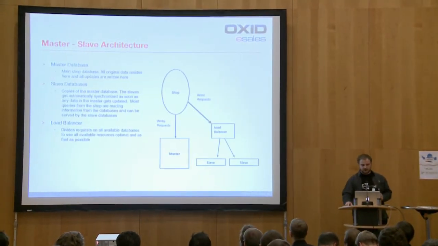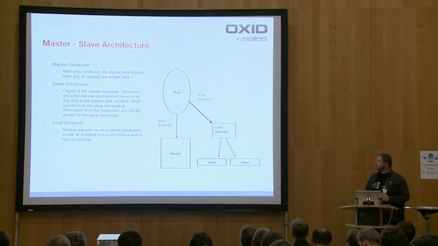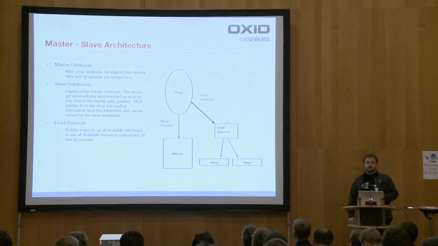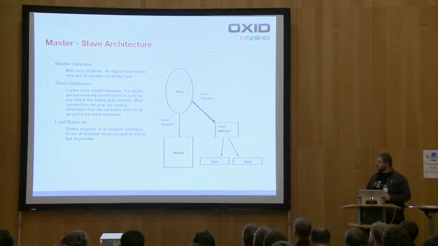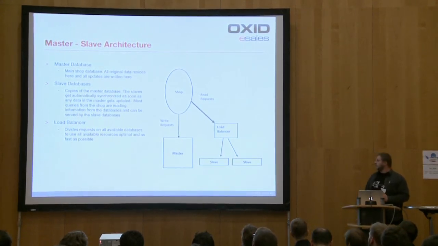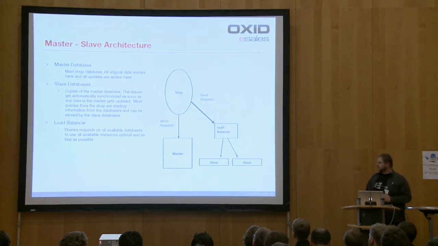So the architectural schema will look like this. We have the shop. The part of the requests that changes data, writes, updates, or deletes, we just move to the master. We also have replicated databases on the slaves. When changes go to the master, this data change immediately goes to our slaves.